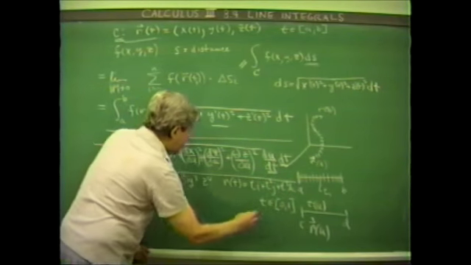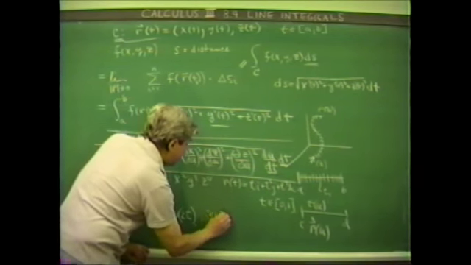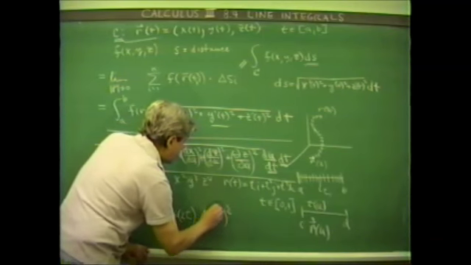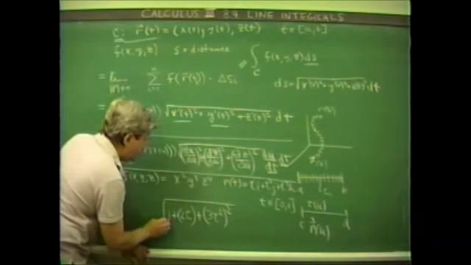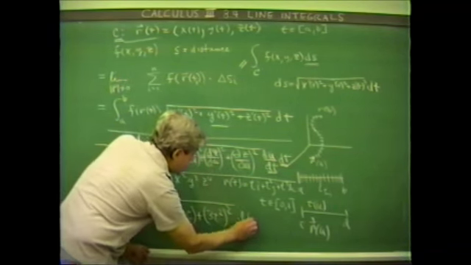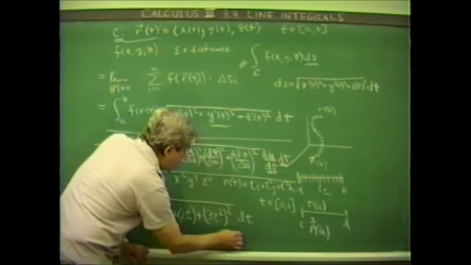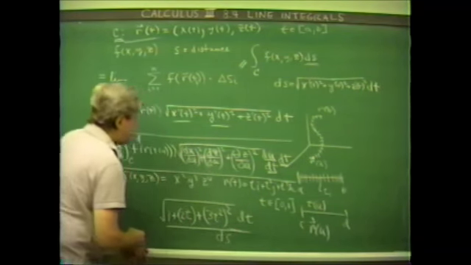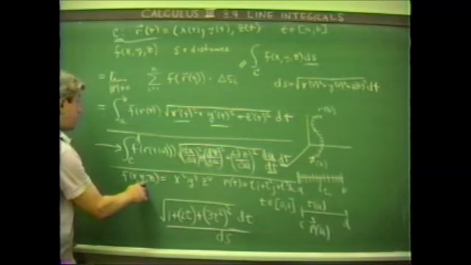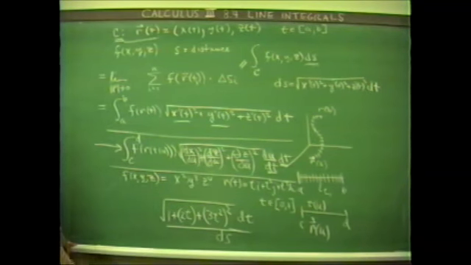z prime of t is going to be 3t squared. We want to take it and square it and add that on. Take the square root. This dt corresponds to the ds. Right? And now we want f of x of t, y of t, z of t.